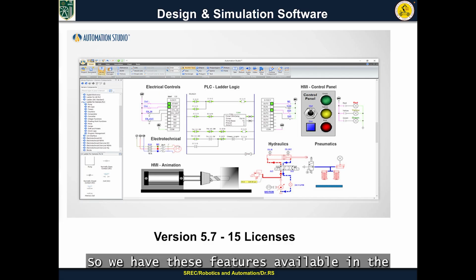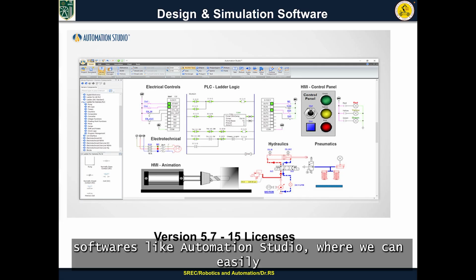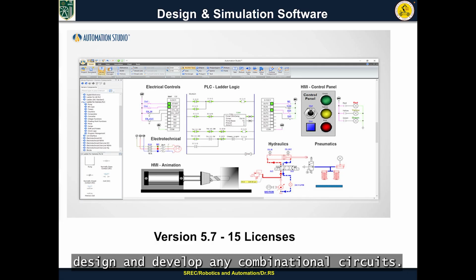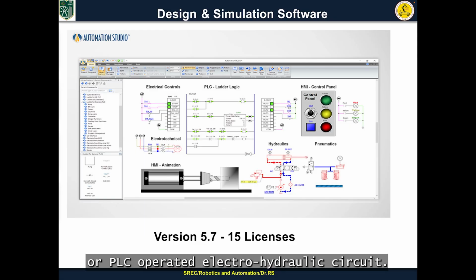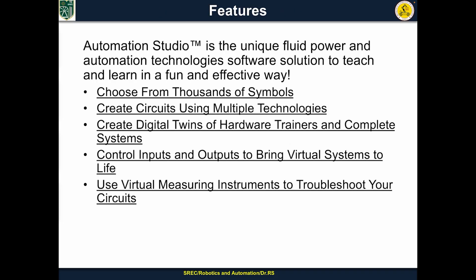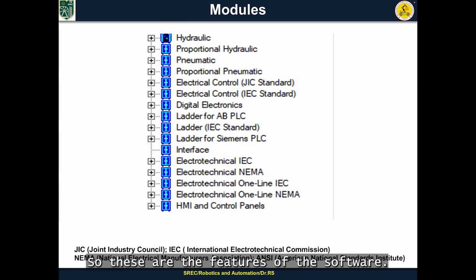We have these features available in software like Automation Studio, where we can easily design and develop any combinational circuits, say, for example, a PLC operated electro pneumatic circuit or a PLC operated electro hydraulic circuit. So these are the features of the software.